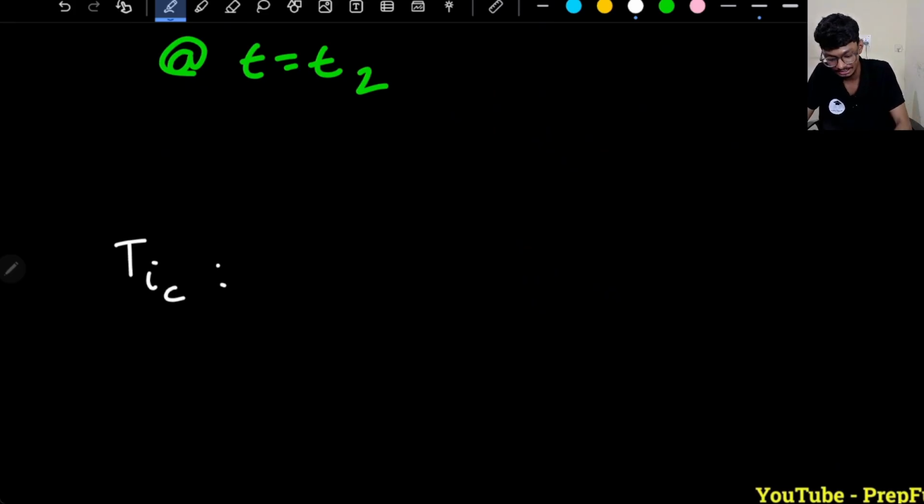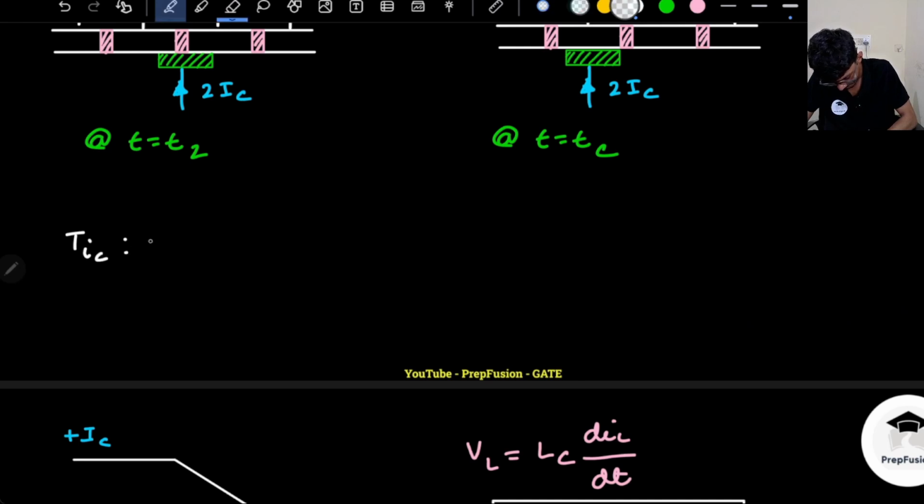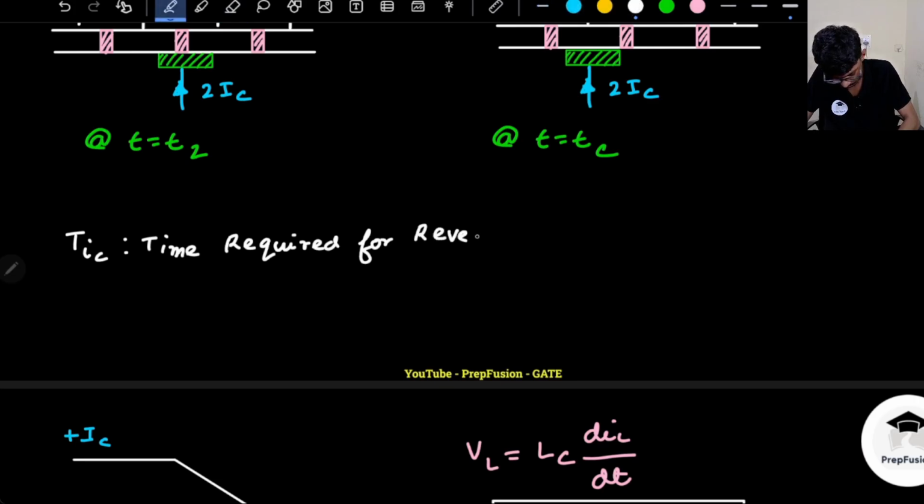TIC is the time required for reversal of current from plus IC to minus IC.